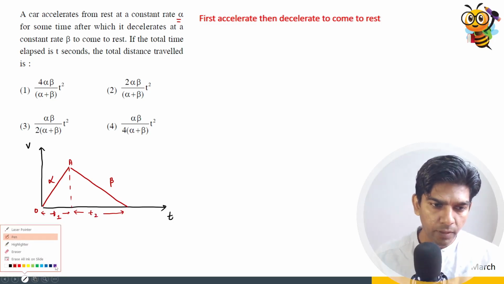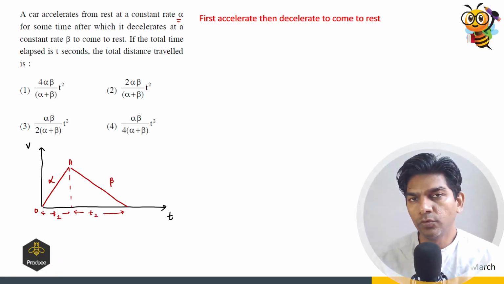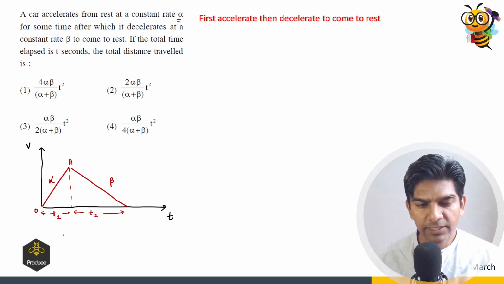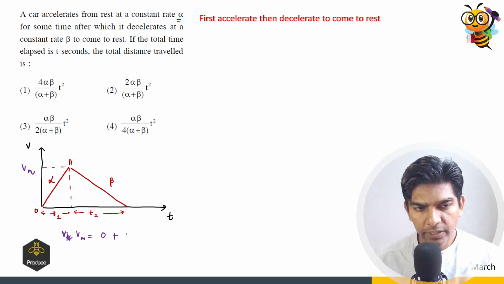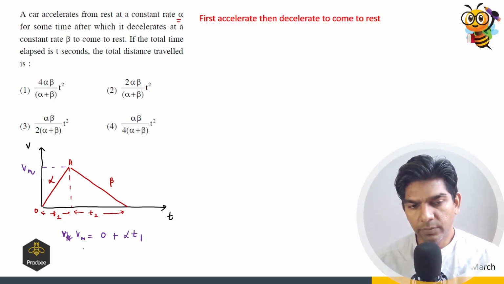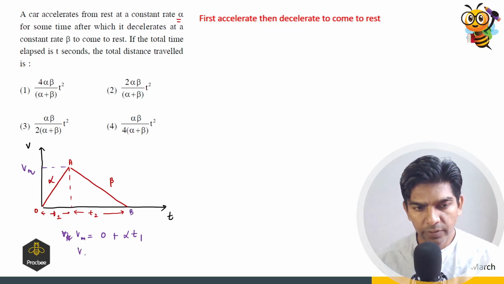Now if I apply equation of motion from O to A, we can say velocity at A, which is nothing but the maximum velocity attained by the vehicle, let me take it as Vm. So Vm equals u plus at, that will be alpha t1. Similarly, we can apply the same equation from A to B, and that will be Vm equals beta t2.